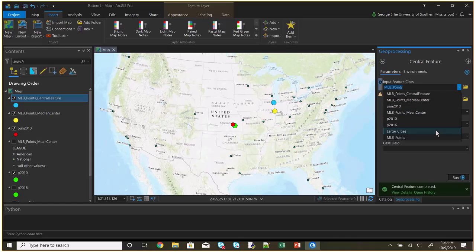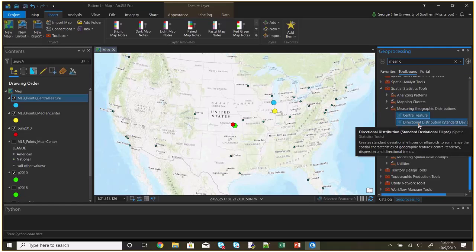All right, so let's go back to population for a second. That's large cities, the only thing I have population for. I'm going to do population 2010, and this time I'm going to use the central feature. I'm going back to directional distribution.